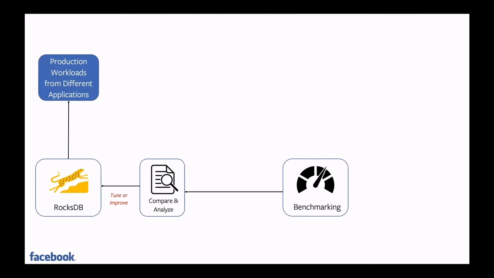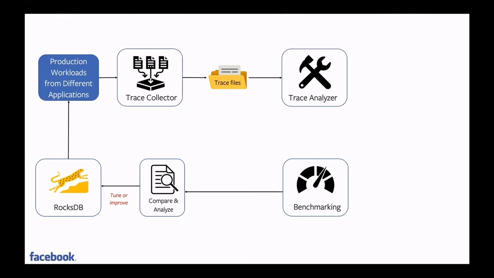But without the real-world workloads, it is pretty hard to get very accurate benchmarking. So what we did is we introduced a tracing framework for RocksDB. We are able to collect the traces, and then we have an analyzer to generate a set of reports from the tracing files.